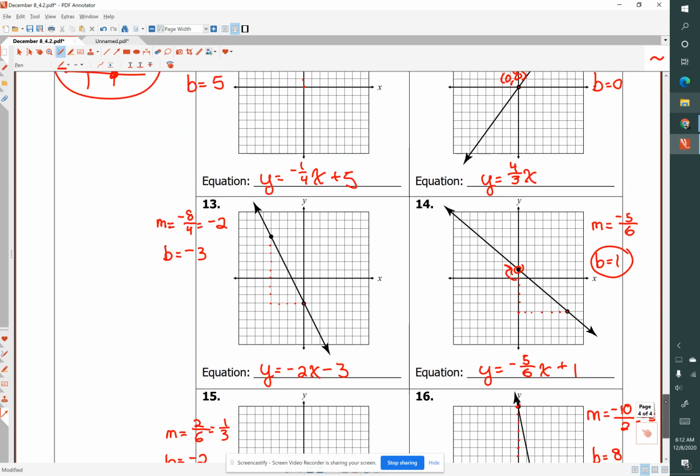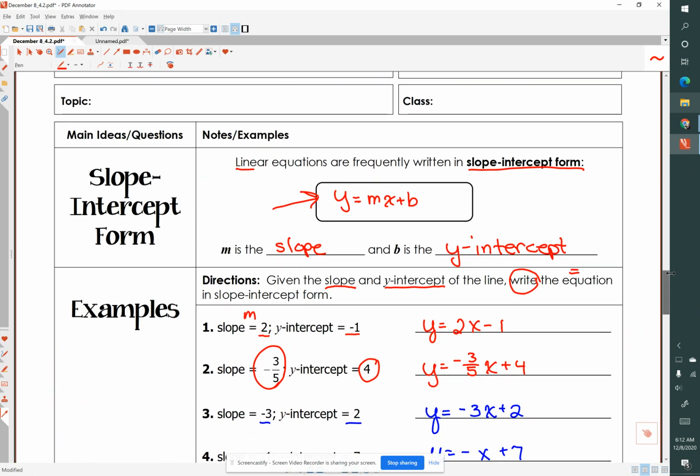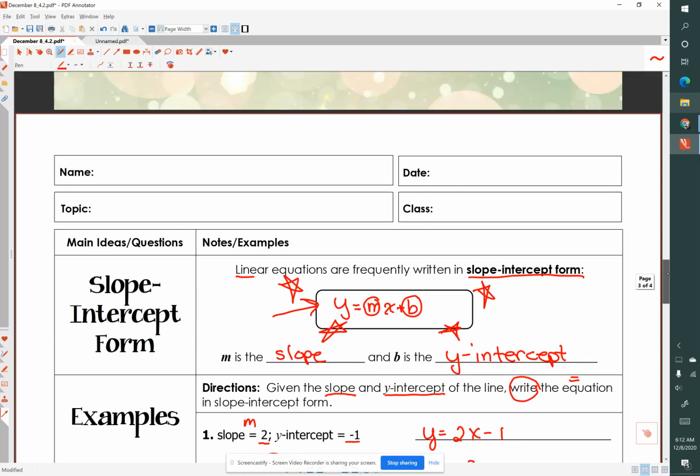So that's slope-intercept form. Students, slope-intercept form is one of your best friends in algebra. You can convert many equations to slope-intercept form, and that enables you to easily graph them because you can tell what the slope should be and what the y-intercept of the equation should be.